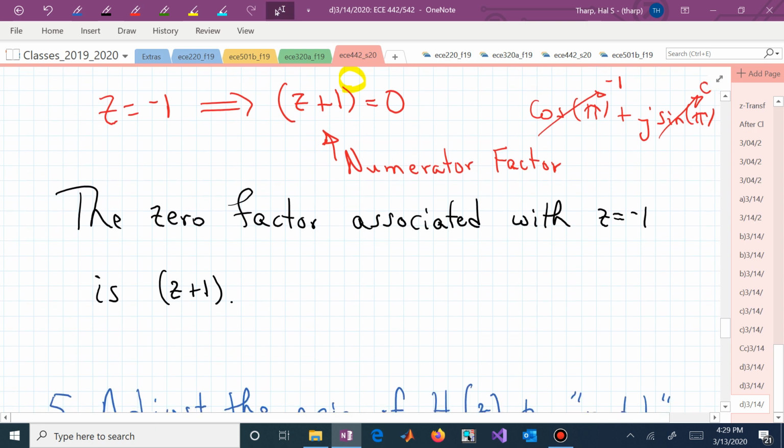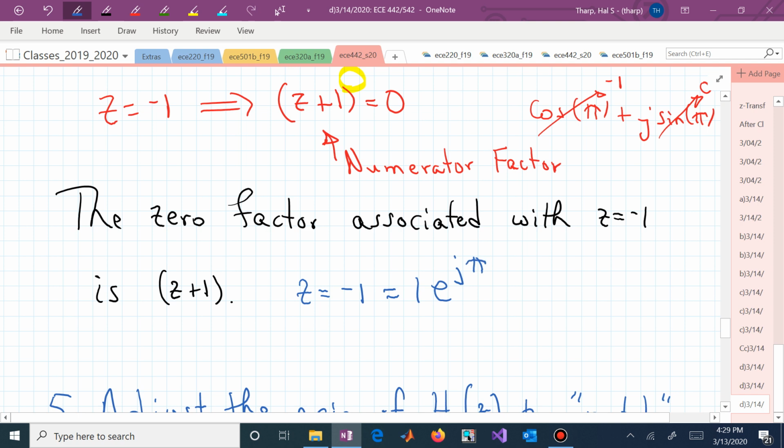And again, if you need to remind yourself of what that is, well, z is equal to minus 1. We can view that many different ways. We could say, oh, that's minus 1. Well, that's a magnitude of 1 at an angle of e to the j pi.